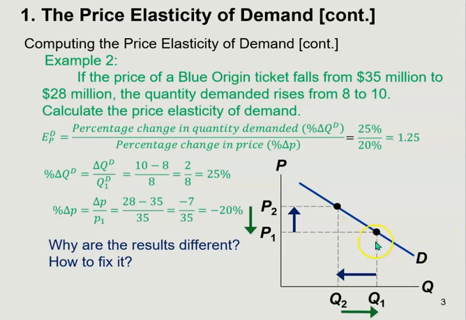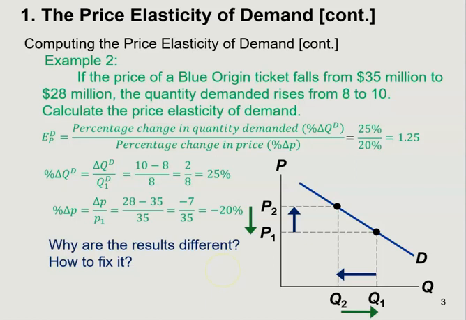The first case means we're moving up along this demand curve from the lower point to the higher point, and the second case is moving down in the opposite direction. If the price elasticity of demand is the slope of the demand curve, then no matter which way we're moving, the slope should stay the same, right? However, the calculation tells us no, it's not the same.